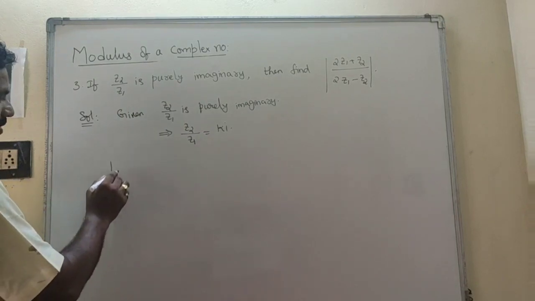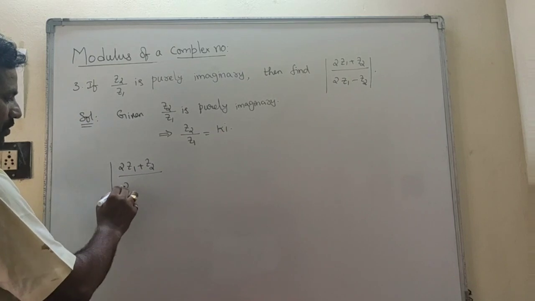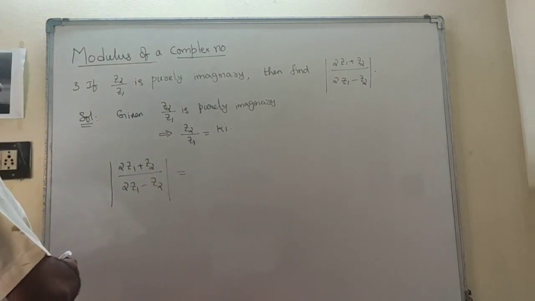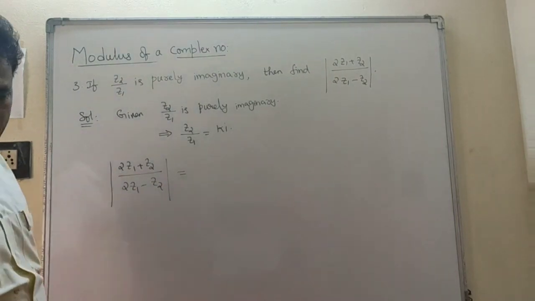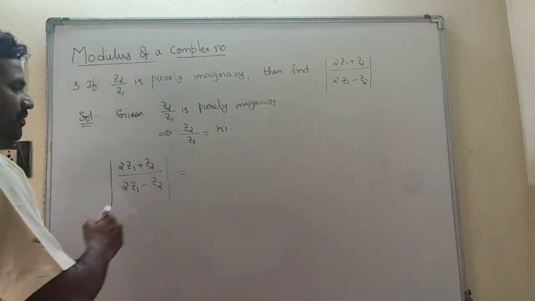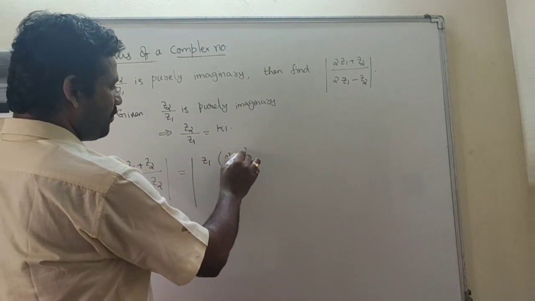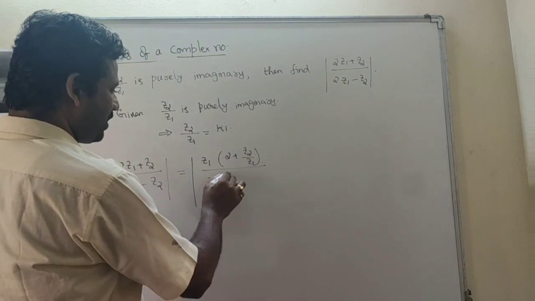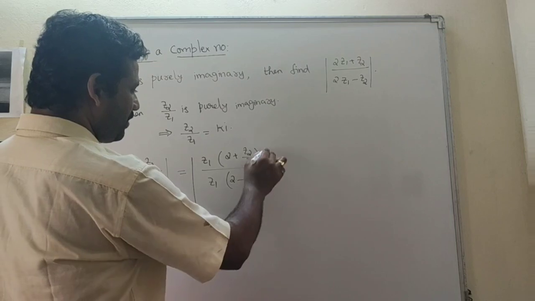Now what is given? Mod of (2z1 + z2) by (2z1 - z2). What are they asking? We want z2 by z1, so you have to take z1 common. That is equal to z1 common, (2 + z2 by z1) by z1 common, (2 - z2 by z1).